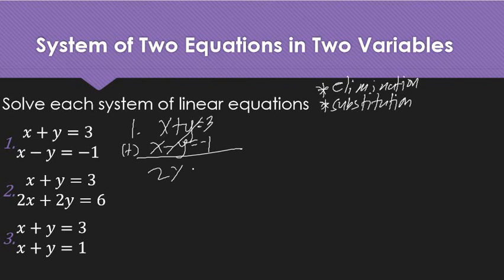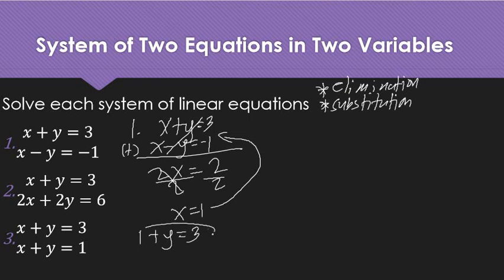And I will have here 2x equals 2. Dividing both sides by 2, I will have x equals 1. Then I would go back to any of the equations. I'll just use x plus y equals 3, so with x equal to 1, 1 plus y equals 3. Solving that, y equals 3 minus 1, and y equals 2.